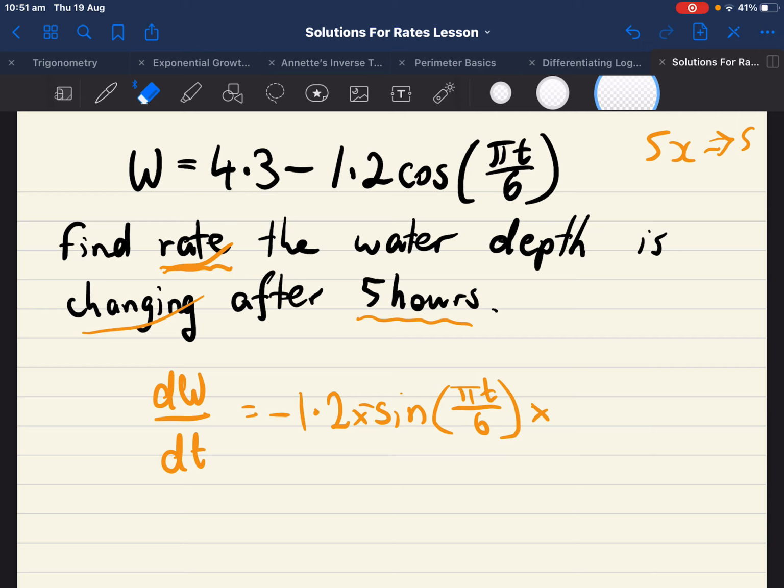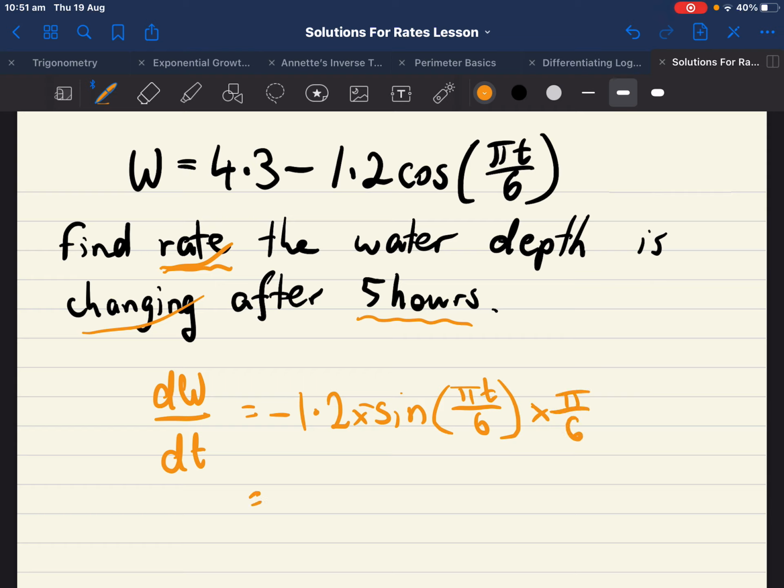If I asked you to differentiate 3t all over 7, it'll just become 3 over 7. When you're differentiating pi t over 6, that's power down the front, 1 away from the power, you just end up with pi over 6. So we times it by the derivative of what's inside the trig, which is pi on 6.